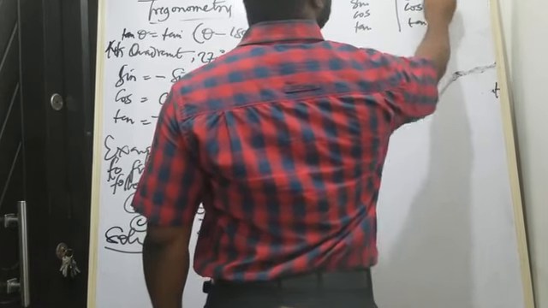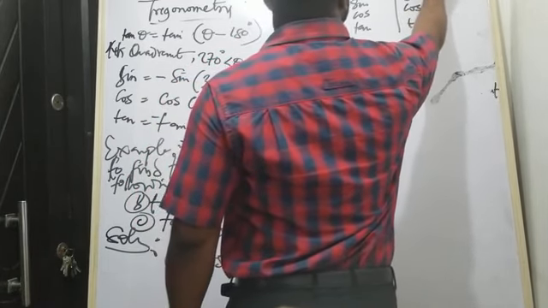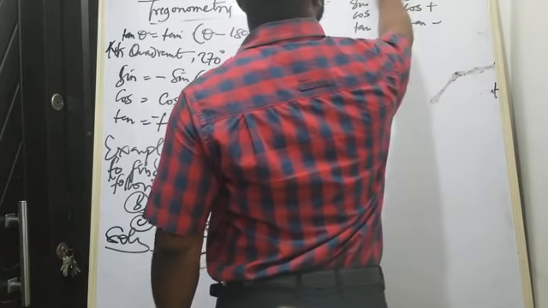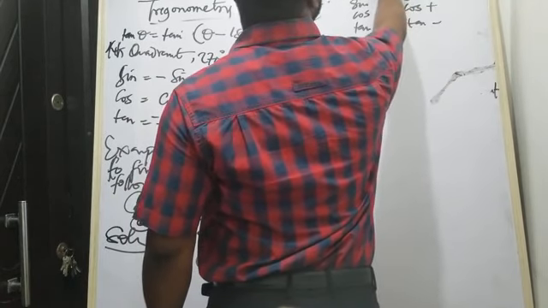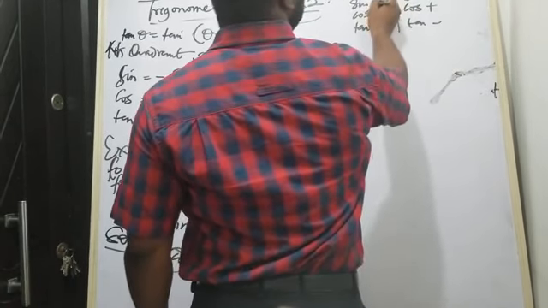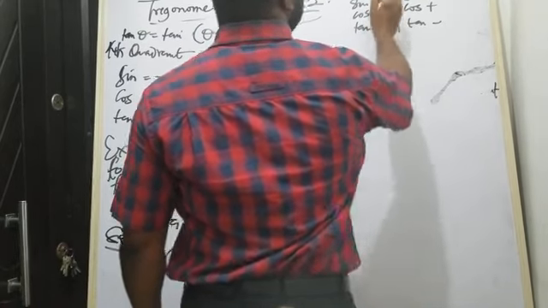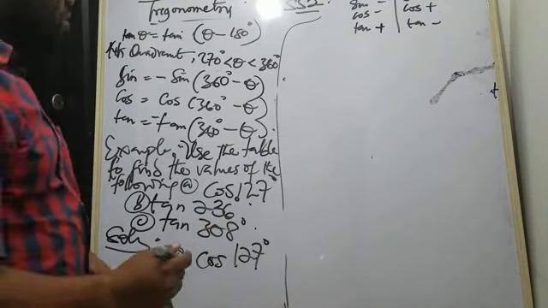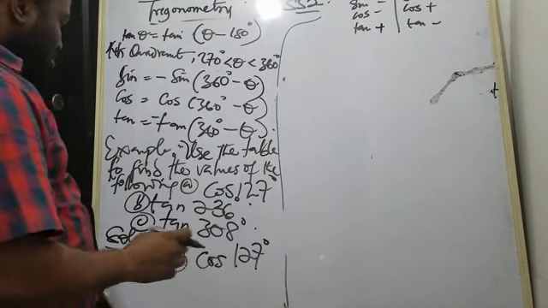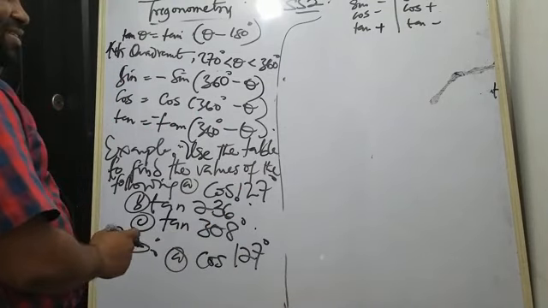Here: positive, negative, negative; positive, positive, positive; positive, negative, negative; and then positive, negative, negative.